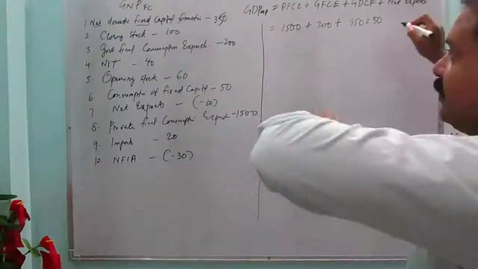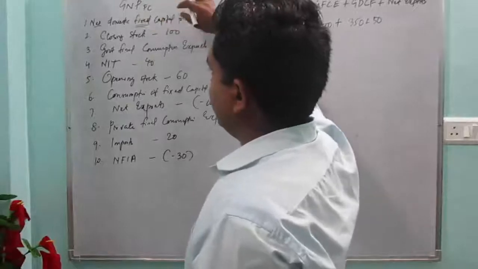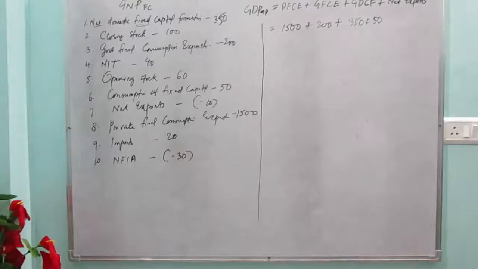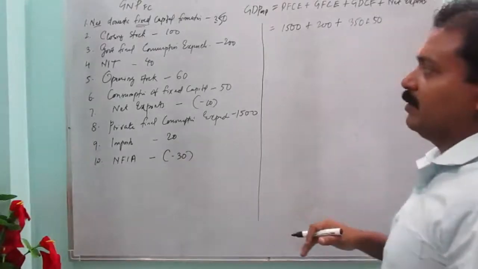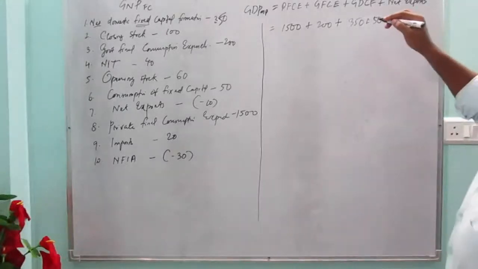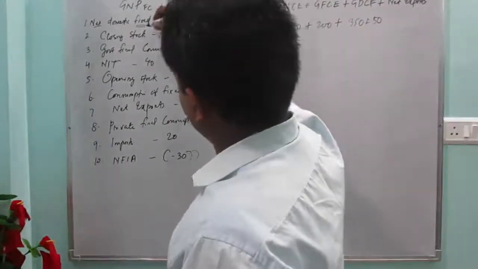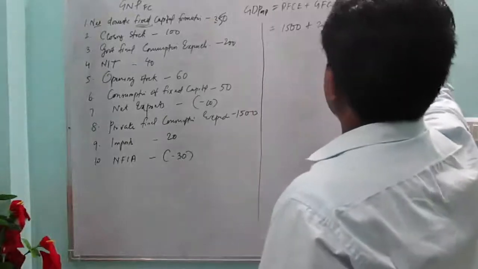Then one more thing is change in stock, the difference between closing stock minus opening stock. Change in stock is a part of gross domestic capital formation.